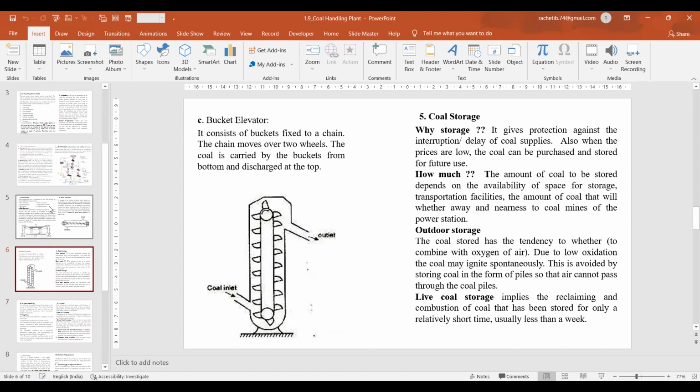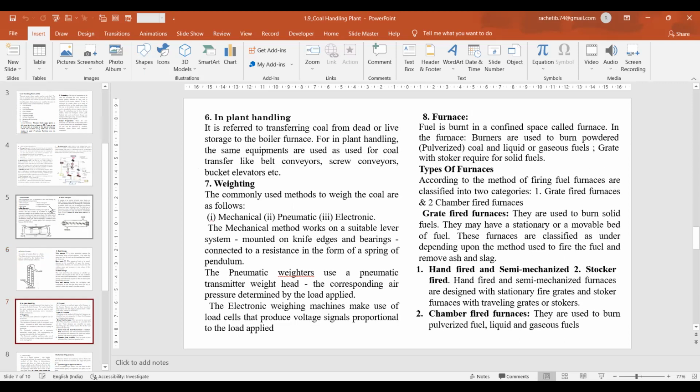You have to keep minimum storage, which also depends upon the space available at the site. In in-plant handling, we weigh the coal before sending it to the furnace, noting down how much coal is being utilized.